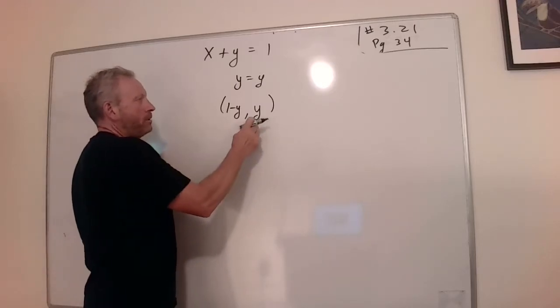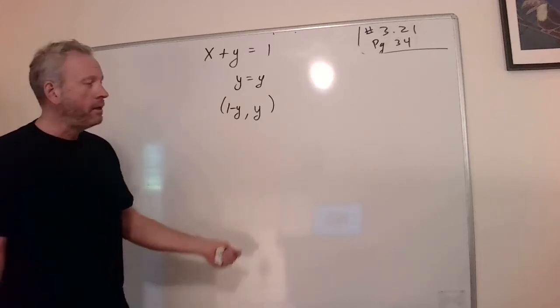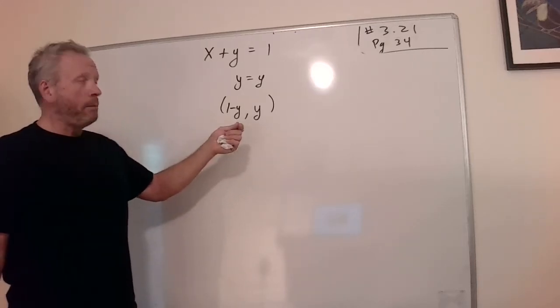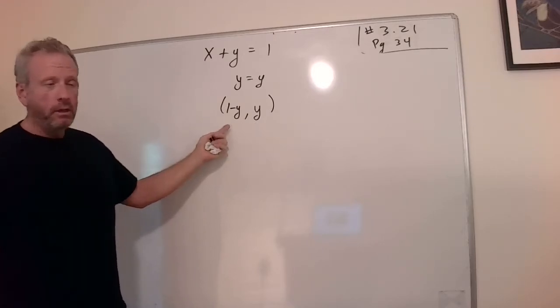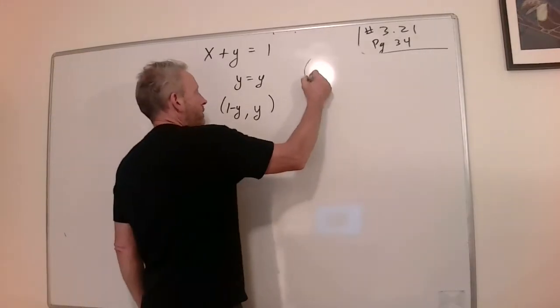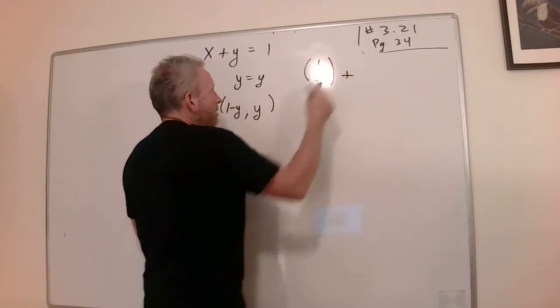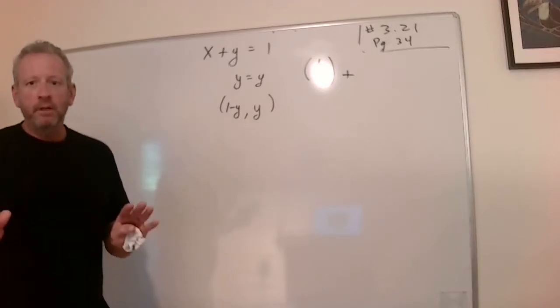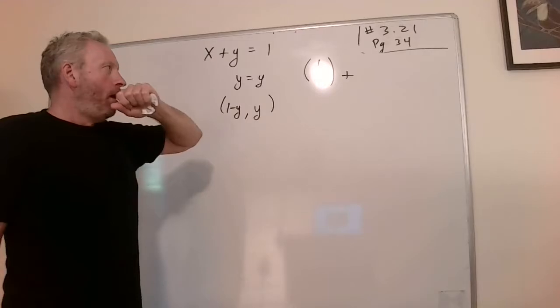What's the free variable? Y. What's the particular solution? Well, I can't think of an easier one. Maybe you can, I don't know. But if you set y equals 0 and you get x equals 1, you get this particular solution, x equals 1 and y equals 0. Remember, 0, I'm choosing that arbitrarily, right? By the way, I'm leaving this up here because we're going to do this problem after what I'm doing here.